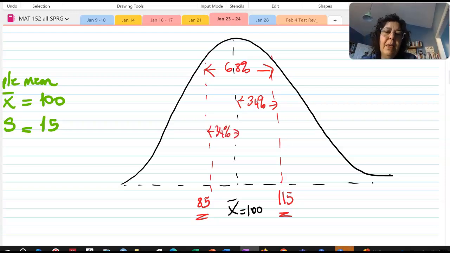So what that means, 34% of the people have an IQ score between 85 and 100. 34% of people have an IQ score between 100 and 115. So I want you to look at this picture carefully. It's 34.